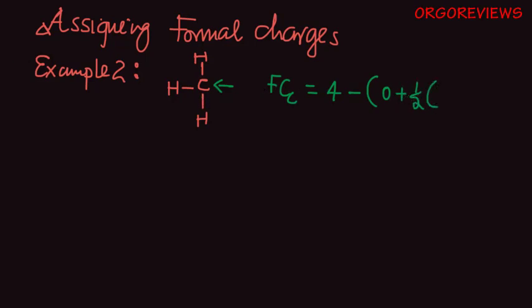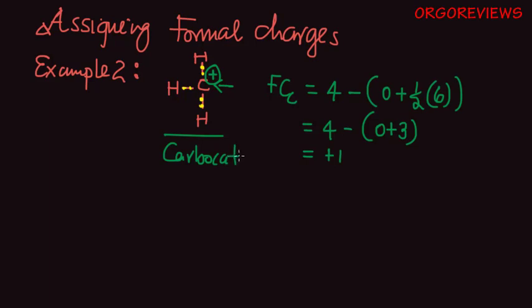As we already know, every bond has 2 electrons. So that gives us 6 electrons. So if you did the math, this would be 4 minus 0 plus 3. So that gives us plus 1. So this carbon is going to have a formal charge of plus 1, and it's also called a carbocation.